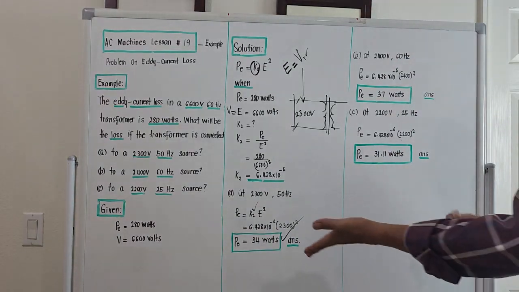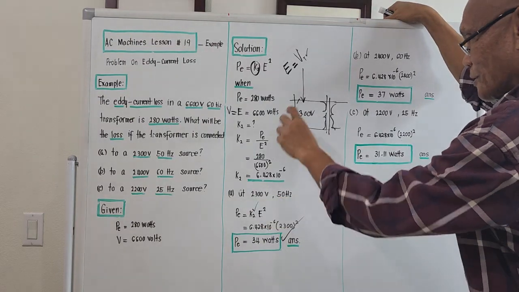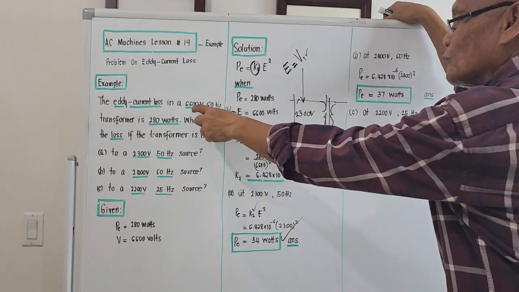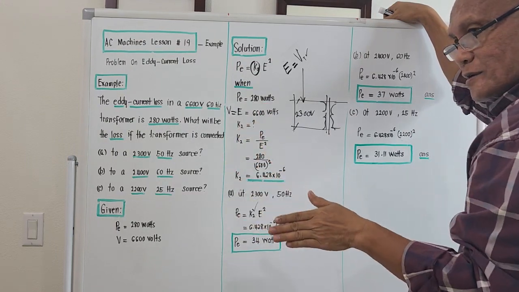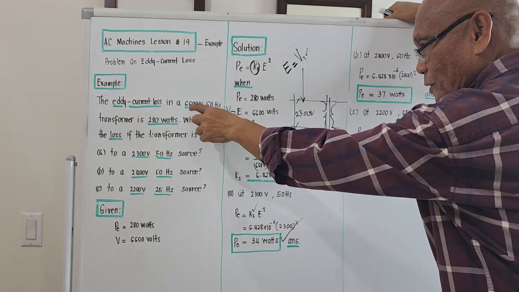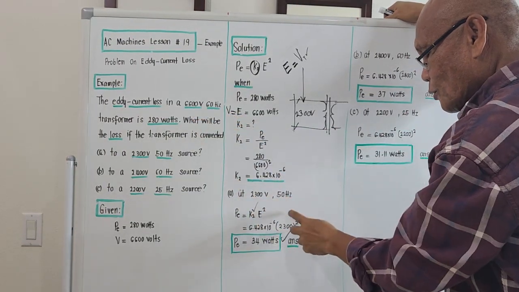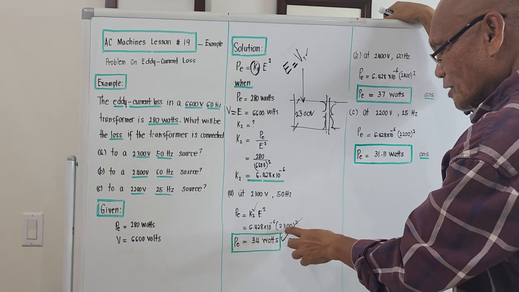Why is it lesser? It's lesser because the given terminal voltage is 2300. Originally, it was 6600. And the loss actually varies as the square of the voltage. If you square 6600, this is a very big one. But for the second one, even though you square this one, it is almost 3 times smaller than the other.